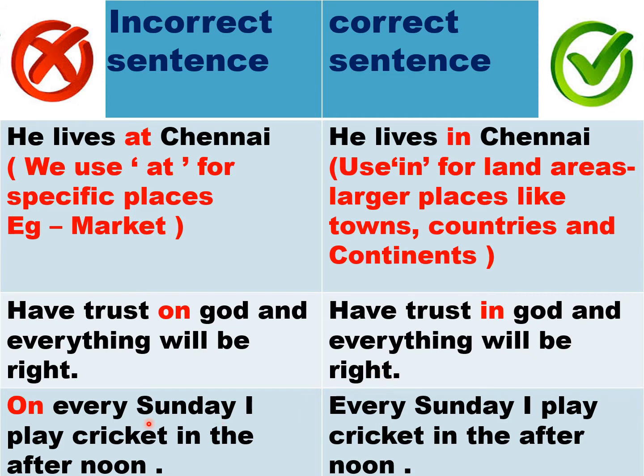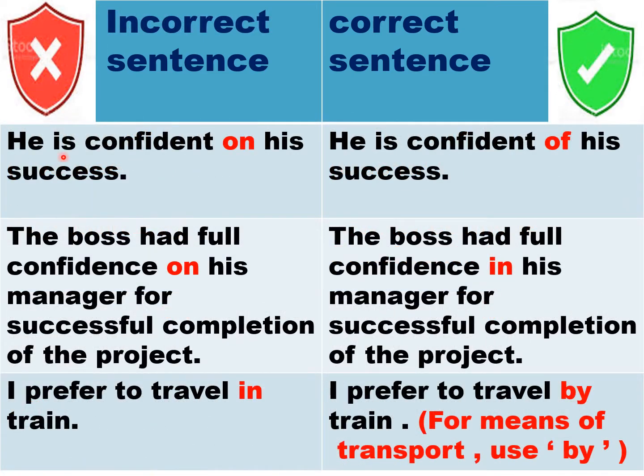Moving on to the next sentence. On every Sunday, I play cricket in the afternoon. The use of on is not appropriate here. So, every Sunday I play cricket in the afternoon is correct. He is confident on his success. It refers to a general effort.